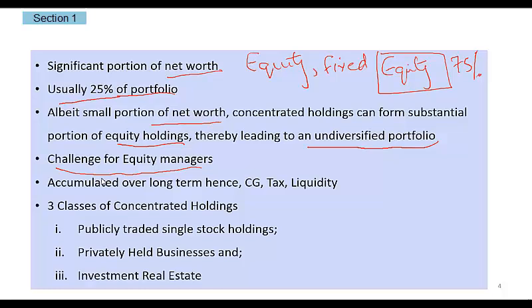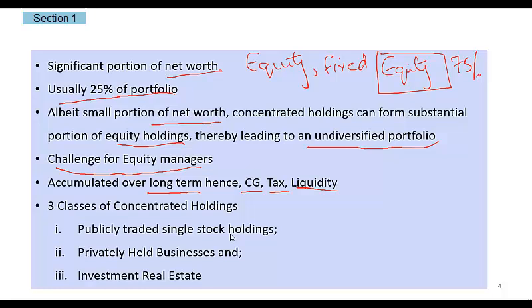Usually what we've seen is that concentrated holdings are accumulated over the long term. Hence, there's a huge amount of capital gains that you need to look at. There's a tax incidence that you need to explore, and also there are liquidity considerations. For the purpose of this reading, we're looking at three kinds of concentrated holdings.